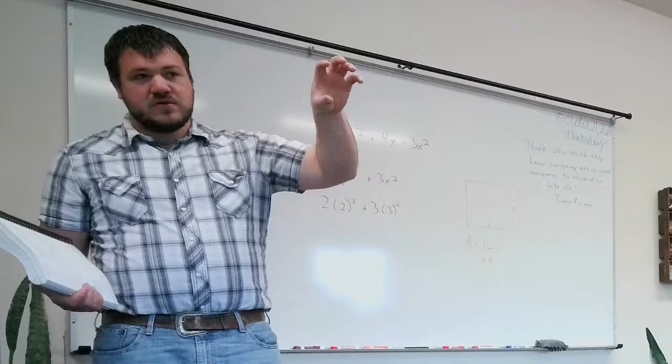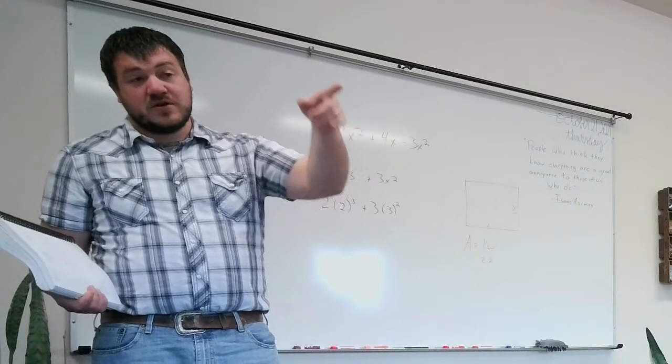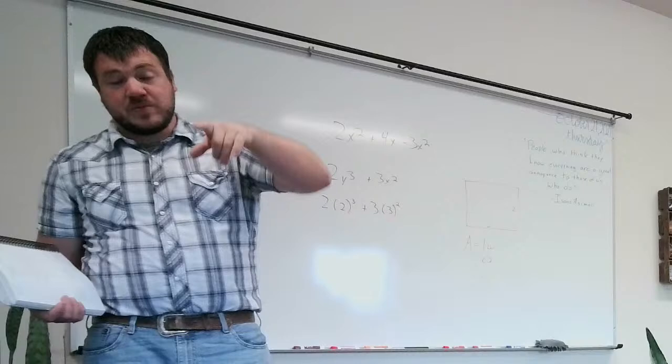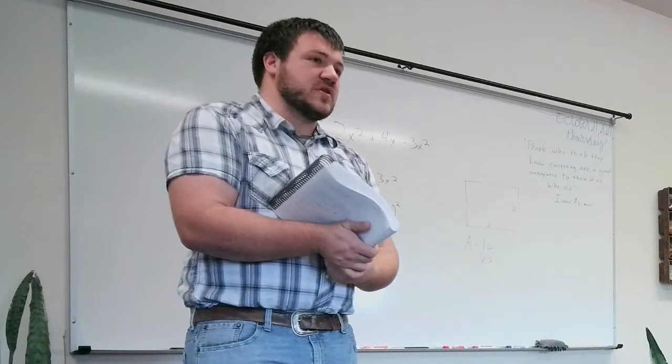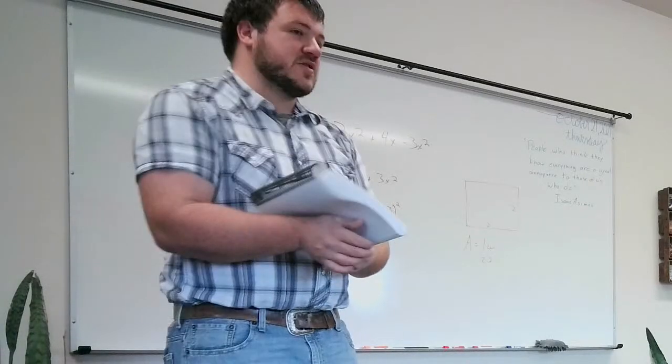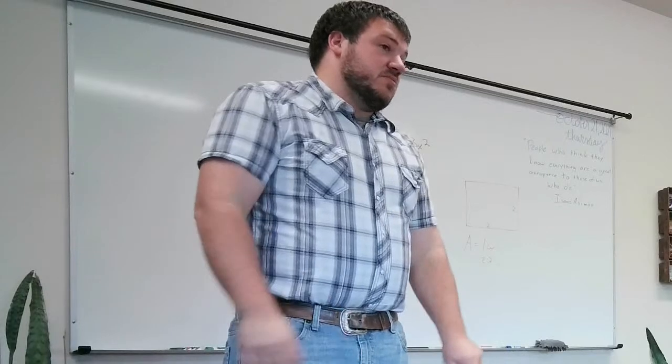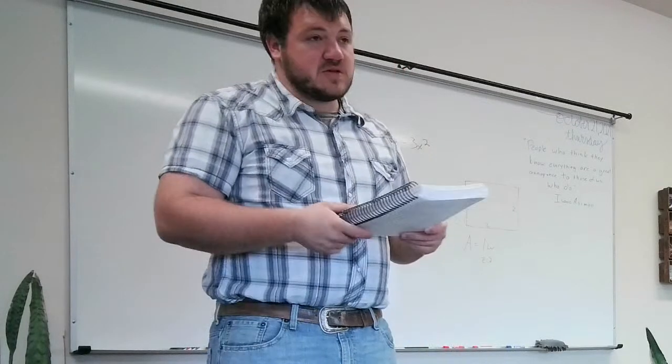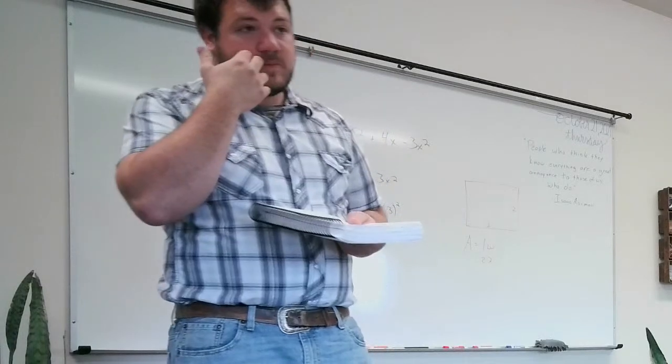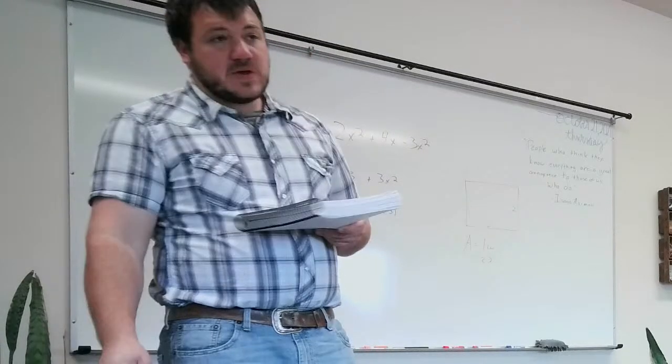So if you use base times height for a rectangle, because it's also a parallelogram, that would be fine. I don't know why they don't just stick with base times height for all of them, but mathematicians will complicate anything they get their hands on. They're still right, and they're still constant, but they're complicated. It just comes down to terminology.